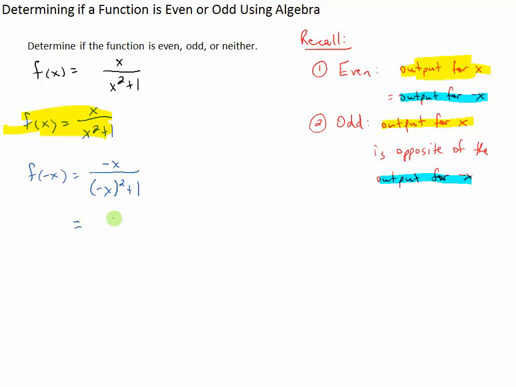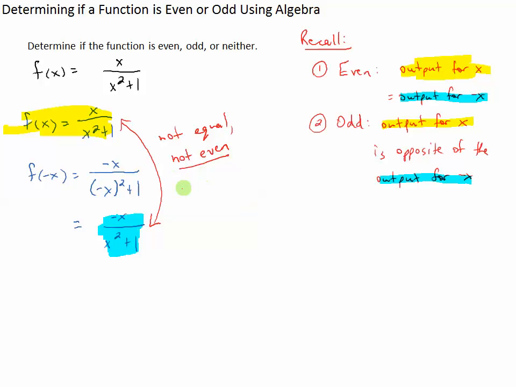And that's the same thing as negative x over x squared plus 1. And now what we have to do is compare these, the outputs of each of them. They are not equal, clearly. So this function is not even.